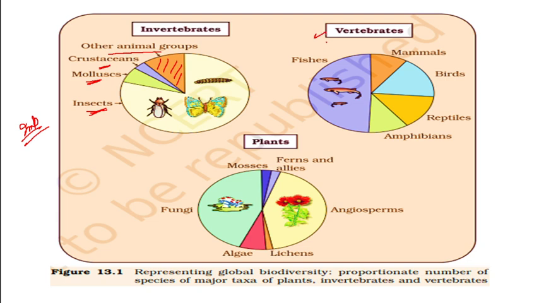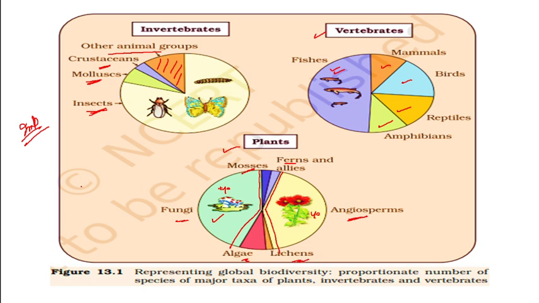Now, when we talk about the vertebrates, approximately 50% are fishes, then mammals, birds, reptiles, and amphibians. And when we talk about plants, more than 40% are fungi, more than 40% are angiosperms here, and there is a little portion which is covered by ferns, mosses, algae and the lichens.